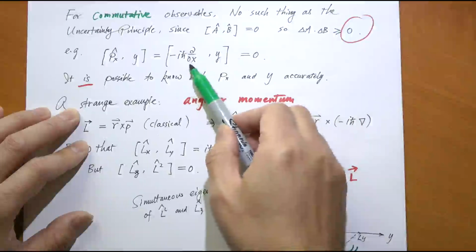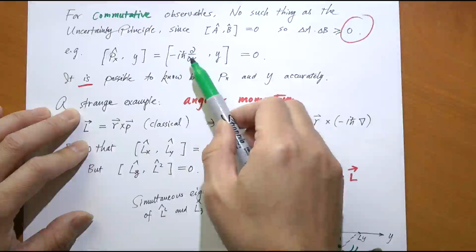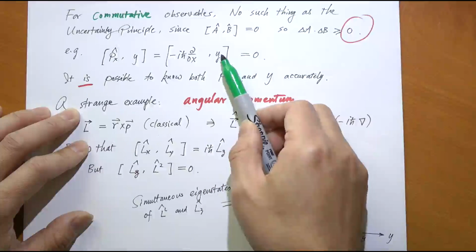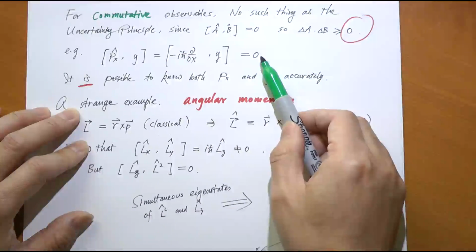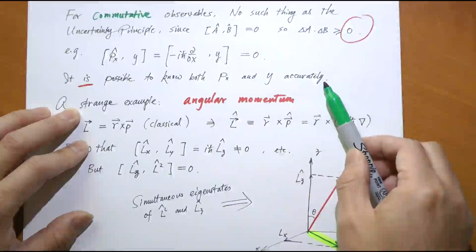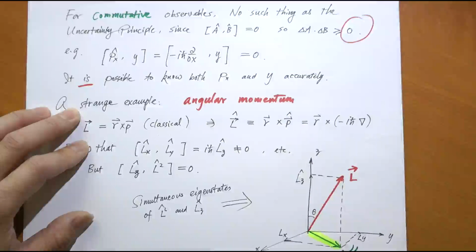I don't care whether you put Y first or put partial X first. When you take this differential operation, it doesn't act on Y because that's not X. So you can move it back and forth. It doesn't really matter. So you get 0. And therefore, it is possible to know both Px and Y accurately, even though it is not possible to know both Px and X accurately or Py and Y accurately.